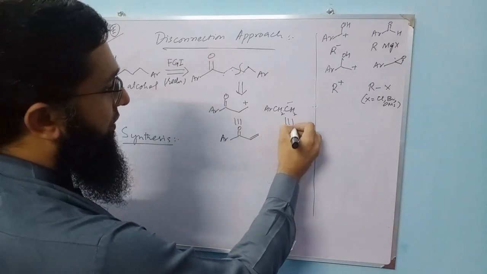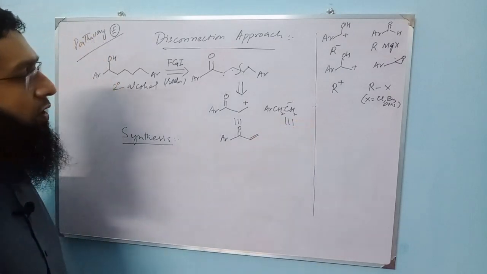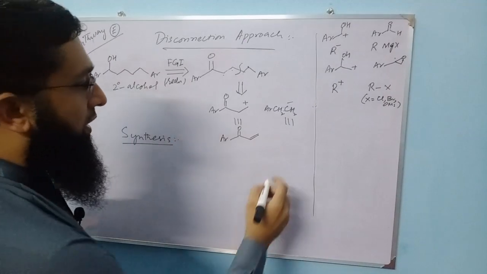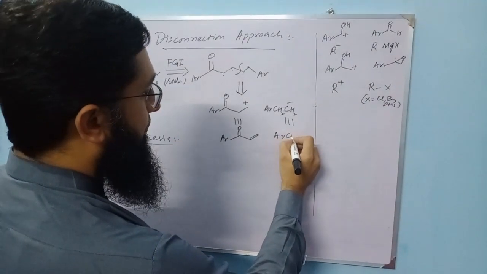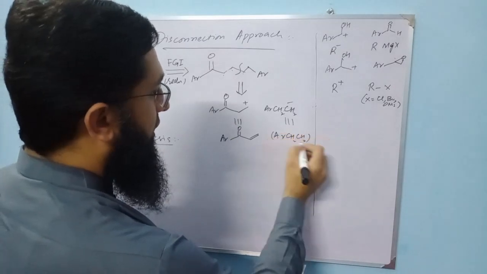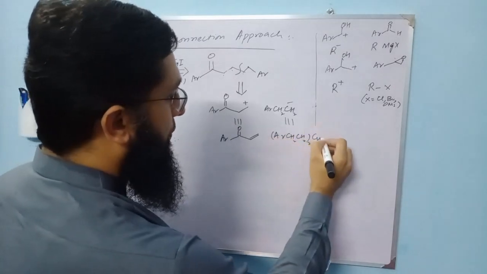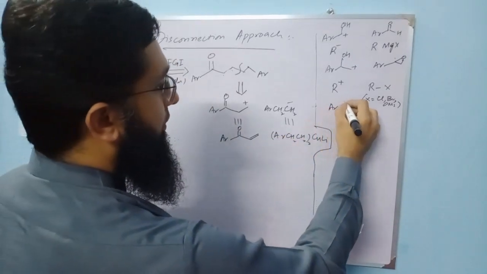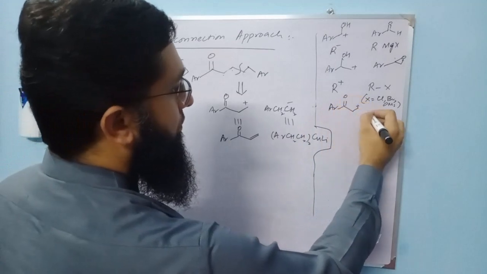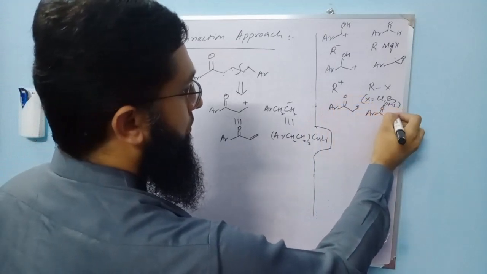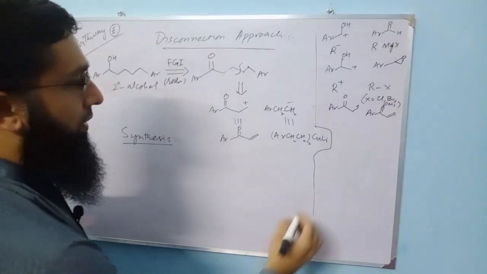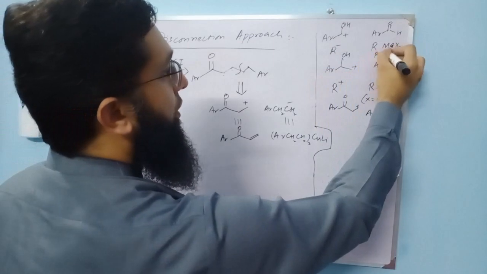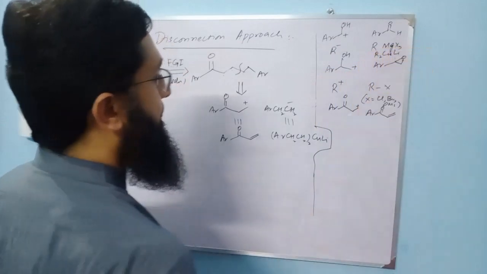And for this, now we will not use the corresponding Grignard reagent because that is too reactive. For this we have to use lithium dialkyl cuprates. So I will add here as well. And for R negative we can also use R2CuLi.